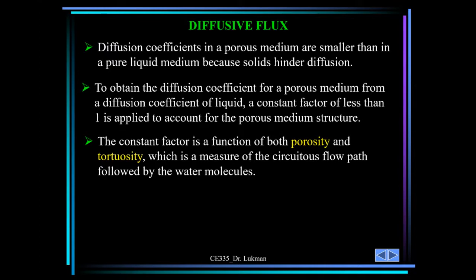Tortuosity is the tortuous path, the irregular path taken by fluid in porous medium, because unlike in pure liquid medium, where the liquid fills all the space, in the case of porous medium the grains fill most of the spaces, and the tiny voids or spaces in between the grains are the only ones available for fluid to flow.